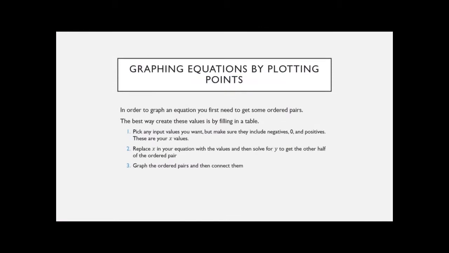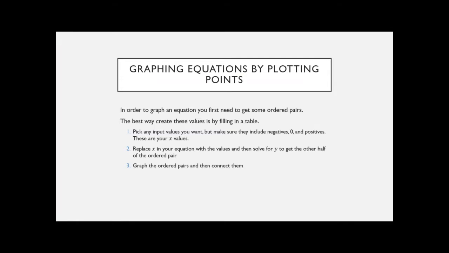So graphing. How do we graph these things? We do it by basically plotting points. You plot a series of ordered pairs that work in the equation, and then you connect them with a line. We usually do this by making a table.